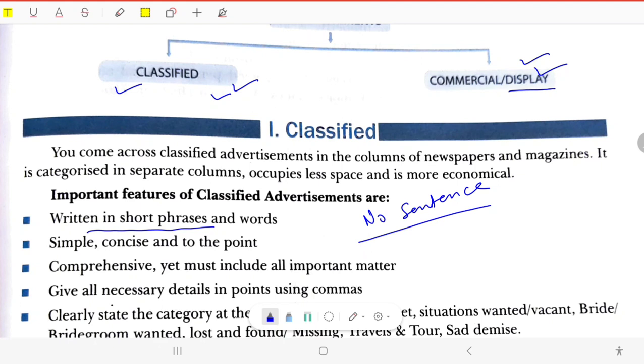So we need to write short phrases and words related to that particular type of advertisement. These should be simple, concise, and to the point.